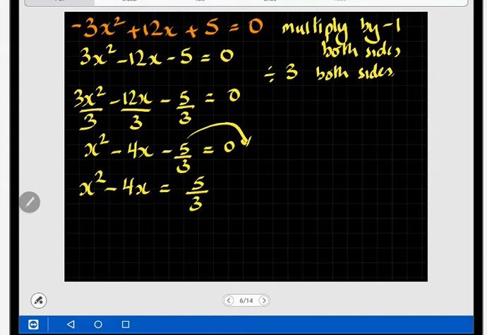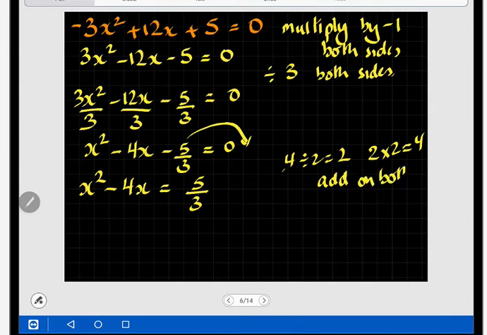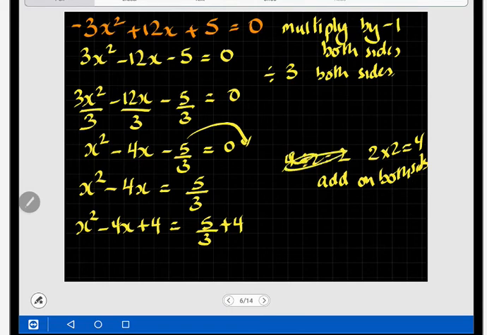Okay. Then I start using the principle of completing the square. I got it in the format that I like. So I will take 4 divided by 2 is equal to 2. And then 2 multiplied by 2, meaning I square it, is equal to 4. Then I add it on both sides. So it will become x squared minus 4x plus 4 is equal to 5 over 3 plus 4. Agree? Yeah?